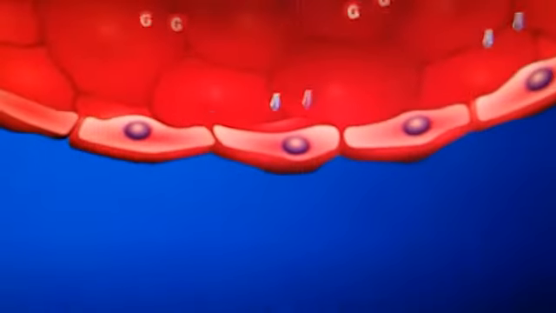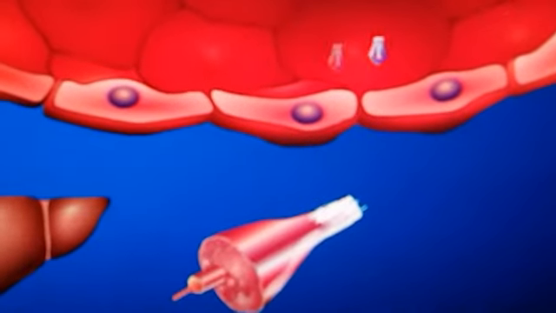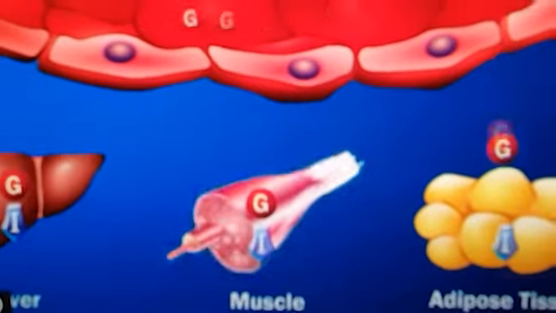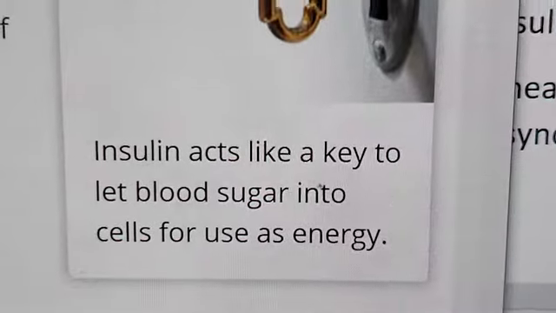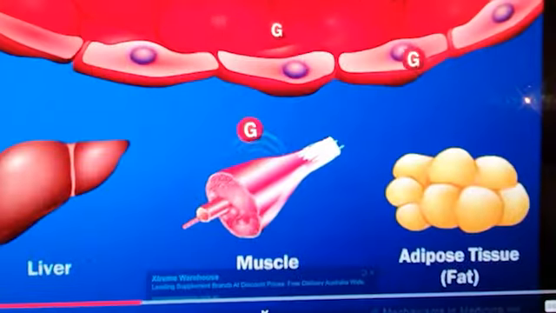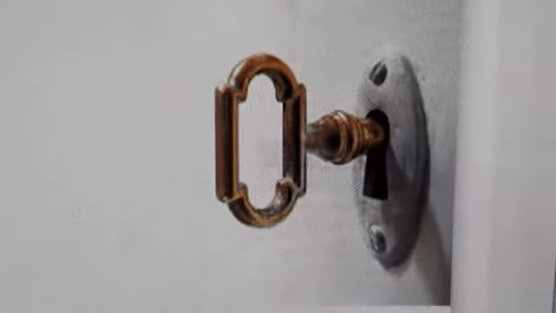It also helps to courier sugar to your body store in your muscles, fat cells, in addition to the liver to use when required. Insulin is like a key that opens every cell in your body, cells in the muscles, fat, and liver for glucose to get in.